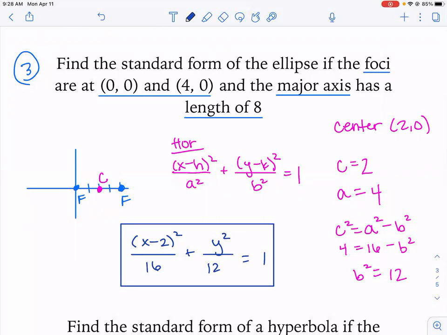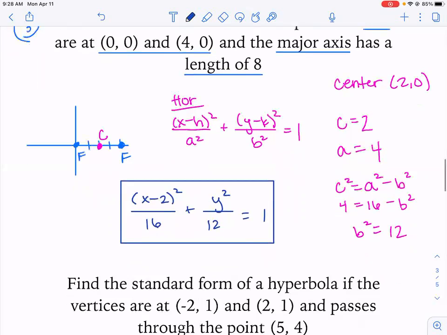For our equation, we need a squared and b squared. Okay. All right, let's do a hyperbola.